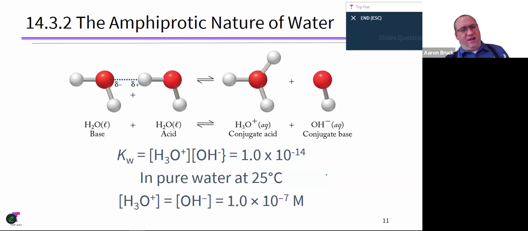And so just in summary here, the autoionization of water will always result in the presence of hydronium and hydroxide. In pure water, those two concentrations of hydronium and hydroxide are equal.